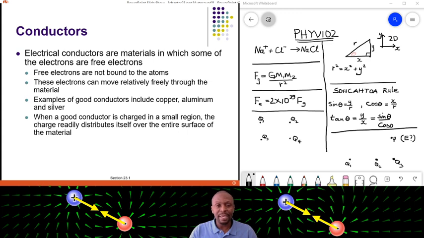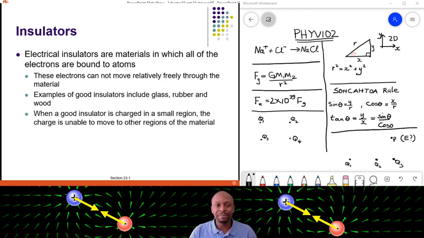Now, when a conductor is charged in a small region, the charge redistributes itself over the entire surface of the material. Right. While on the other side, insulators are materials in which all of the electrons are bound to an atom, which means these electrons cannot move. As a result, insulators cannot conduct electricity.